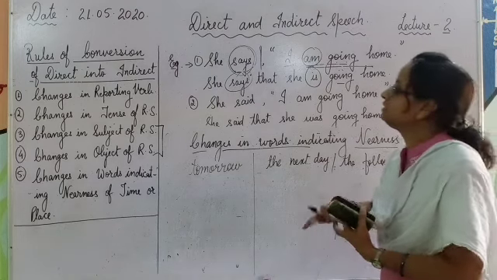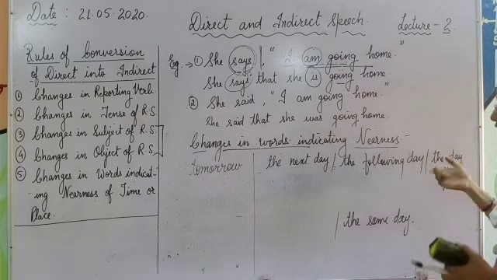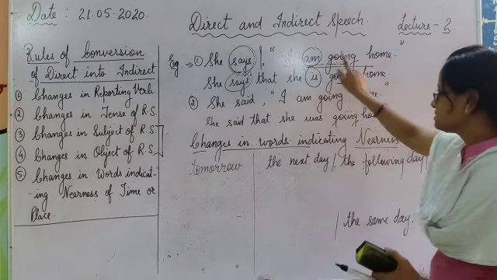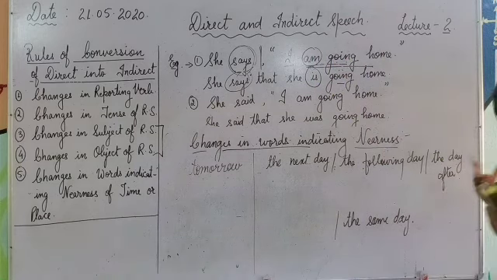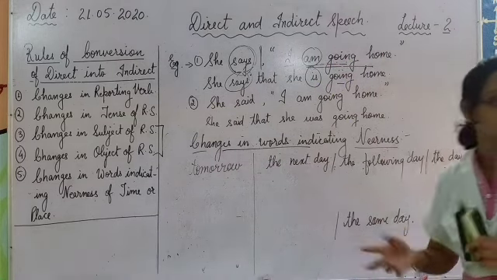For example, she says, I am going home tomorrow. She says that she is going home the day after. She is going home the next day. She is going home the following day.